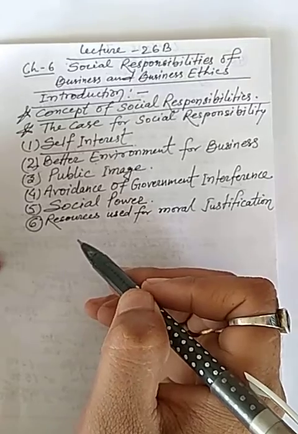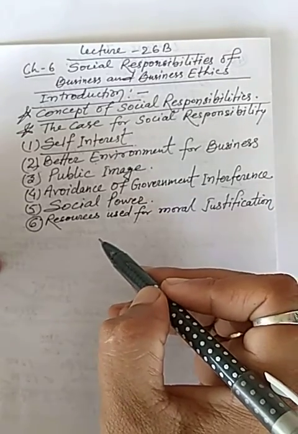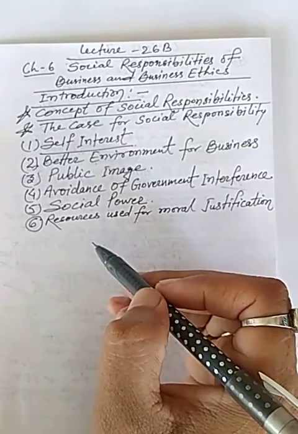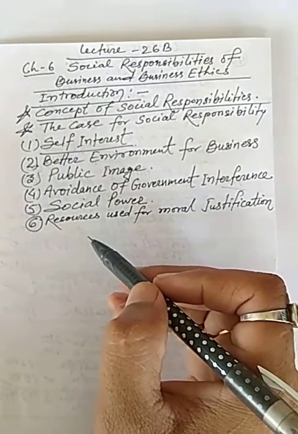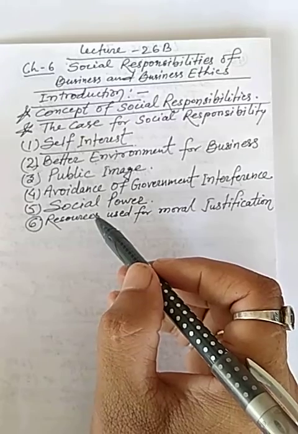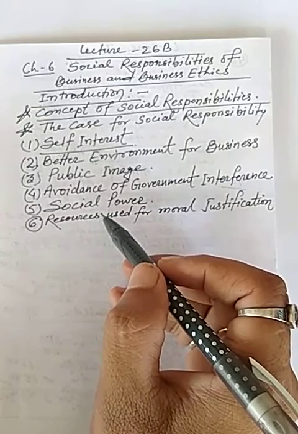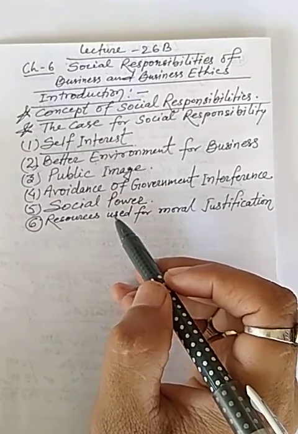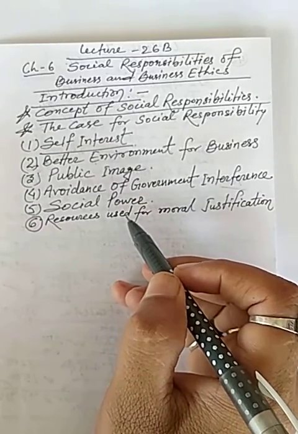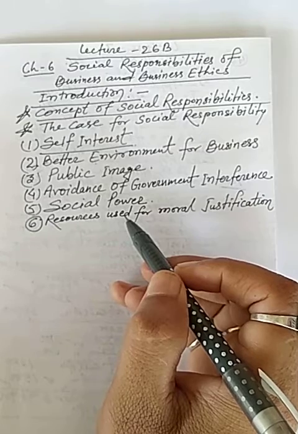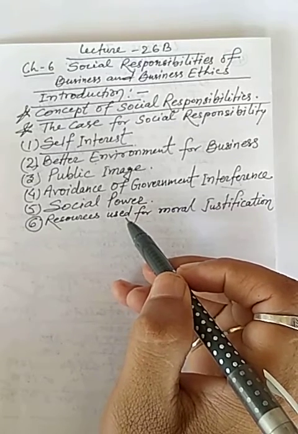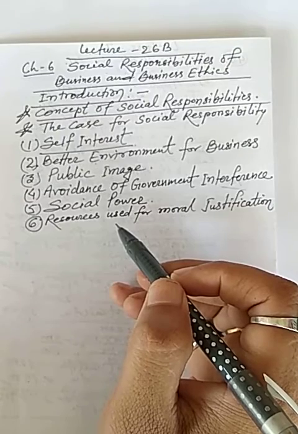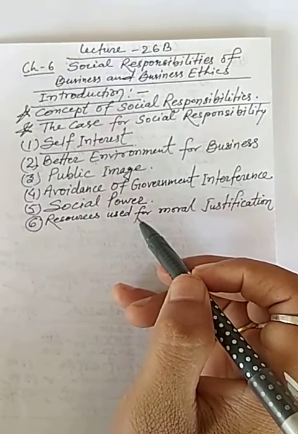Resources used for moral justification means business has resources such as money, talents, expertise in technical areas, and physical and financial resources, etc. The businessman can assist government with these resources in solving problems.